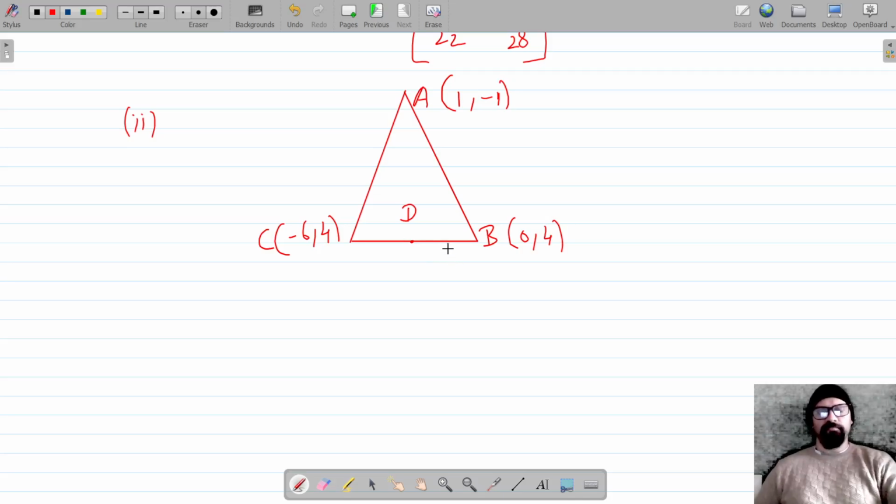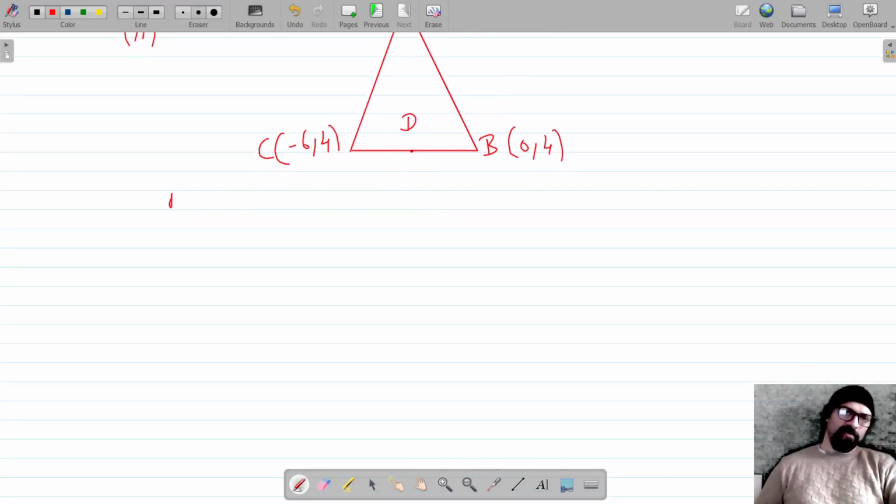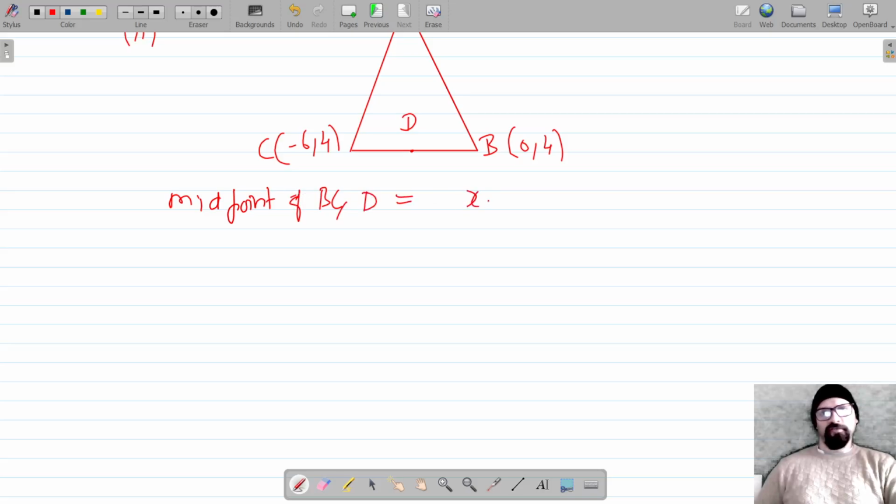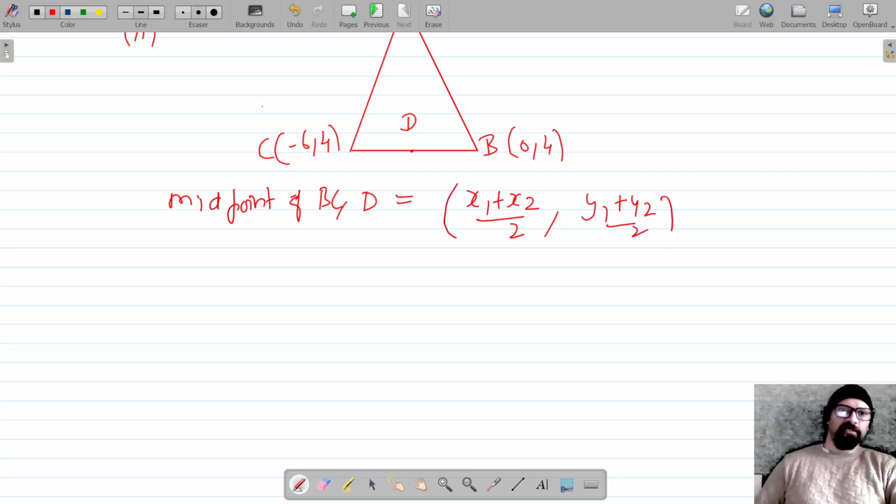So the midpoint of BC, which is D. The formula to find the coordinates of the midpoint is x1 plus x2 by 2, y1 plus y2 by 2. This is x1, this is x2, this is y1, and this is y2.